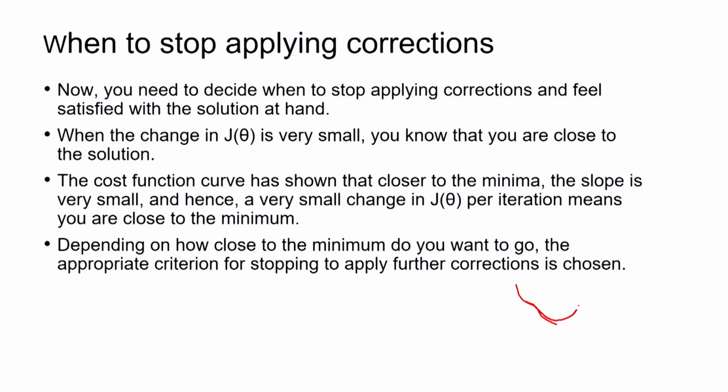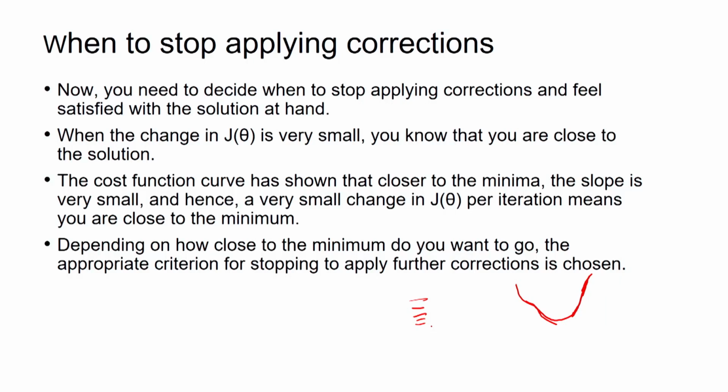We can also say that because when we see this graph, here the difference between cost function values is very low, while here the difference between cost function values is high. So when you reach towards the minima, the difference between the previous cost function value and the new cost function value will be low.